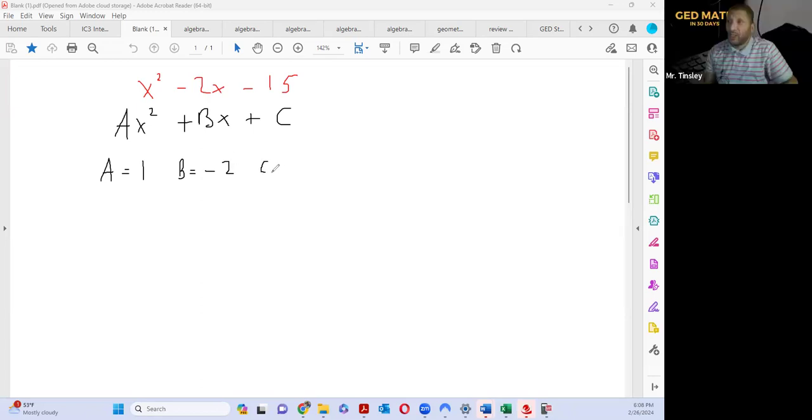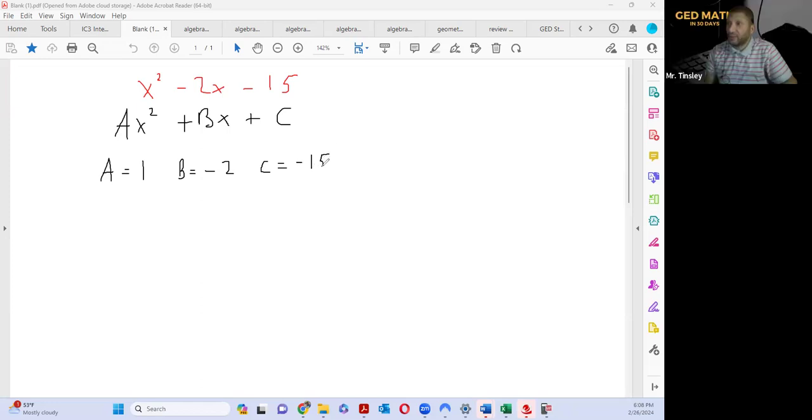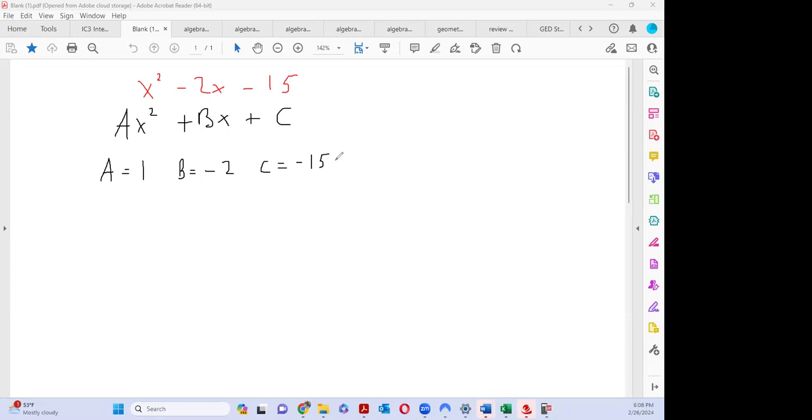And what is c? Is that 15 or -15? -15. So that's important. Just like with the standard form of a linear equation, we had to find a, b, and c. This is very similar. When you get a quadratic equation, you want to identify a, b, and c.